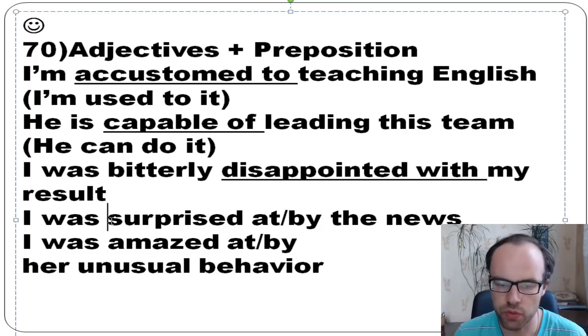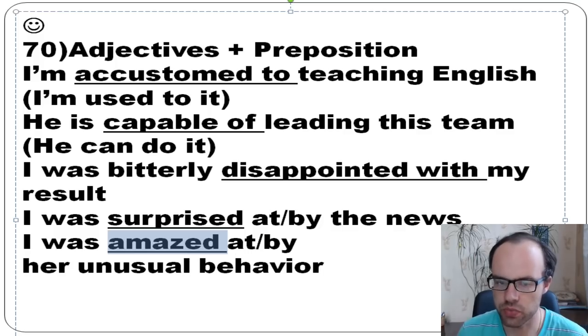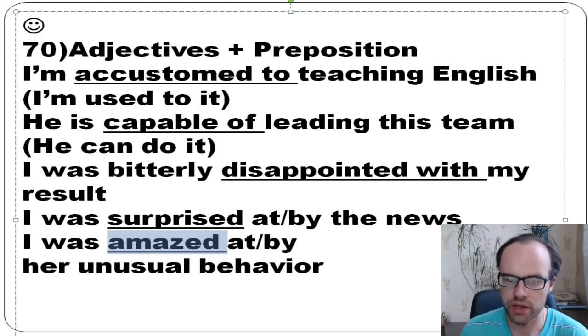So what preposition do we need to use after surprised and amazed? It can be at or by. So you can say, I was surprised at the news, or I was surprised by the news. I was amazed at her unusual behavior, or I was amazed by her unusual behavior.